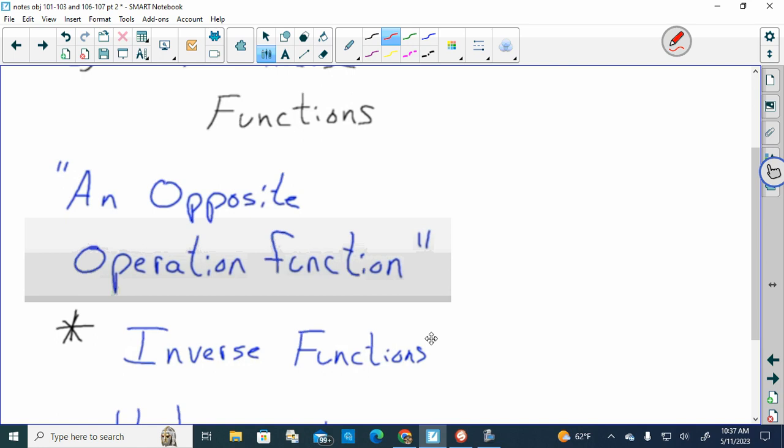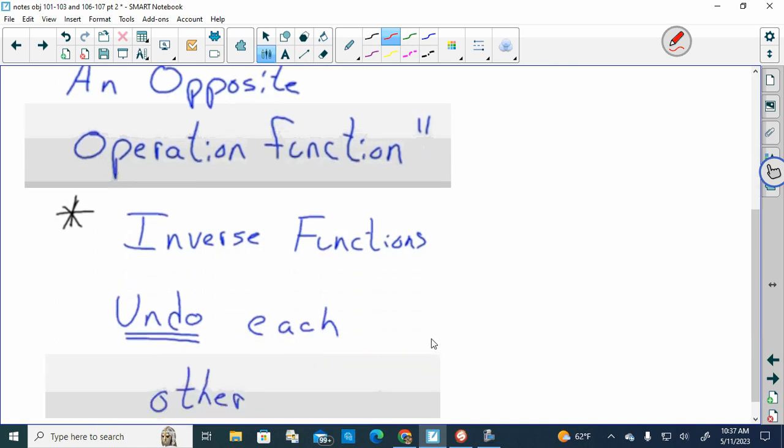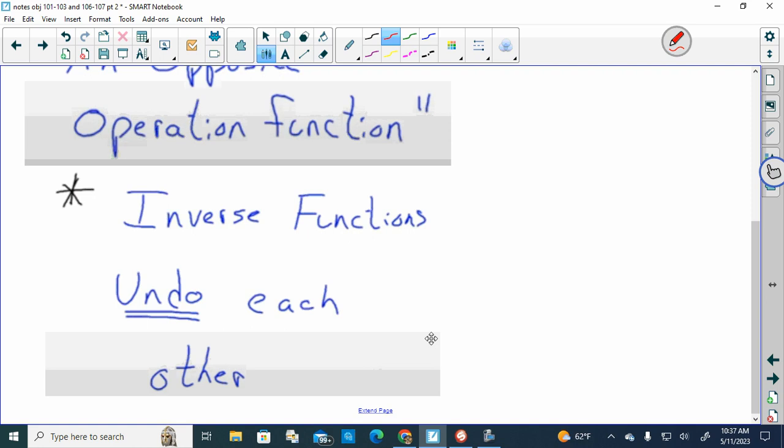Opposite operation function. And then I'm scooting it down. Inverse functions undo each other. So like when we talked about adding, the opposite to undo it would be to subtract. Multiply would be divide. Square, square root.